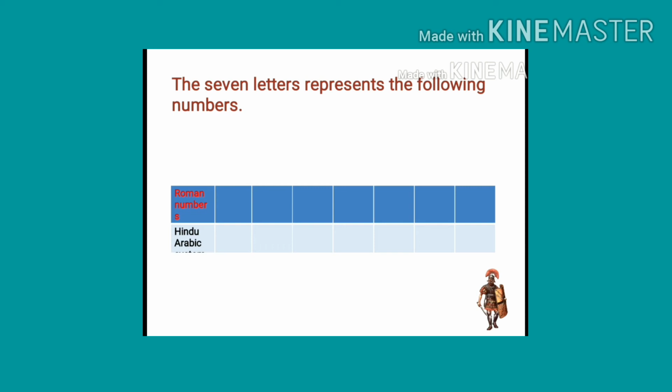The 7 letters represent the following numbers. I is 1. V is 5. X is 10. L is 50. C is 100. D is 500 and M is 1000.